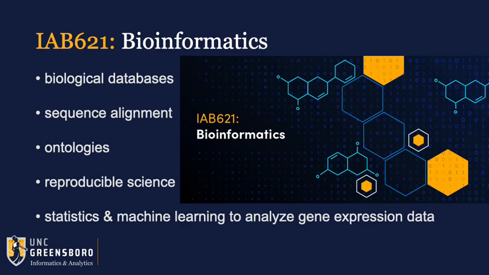So in some ways this goes back to some of the details needed, the background computations needed for the methods of the first course. This second course also has ontologies, reproducible science, and the main focus of the course is the statistics and machine learning needed to analyze gene expression data.